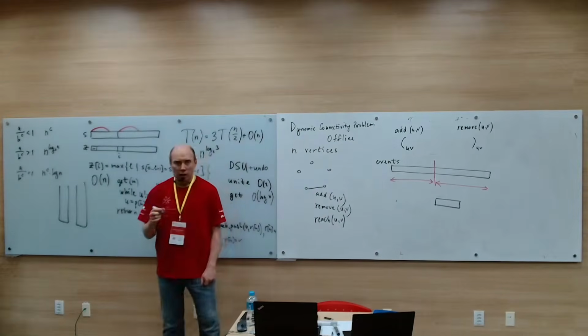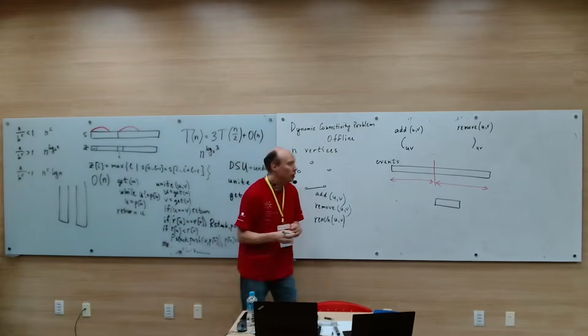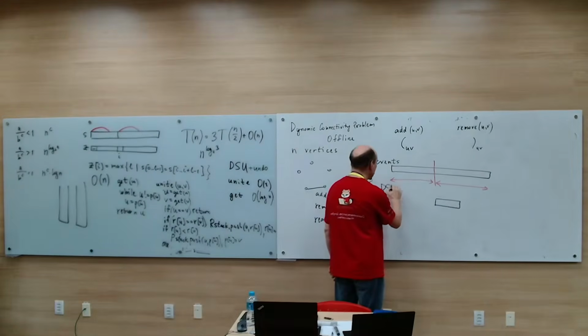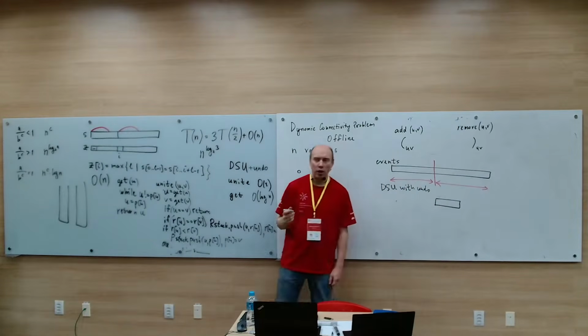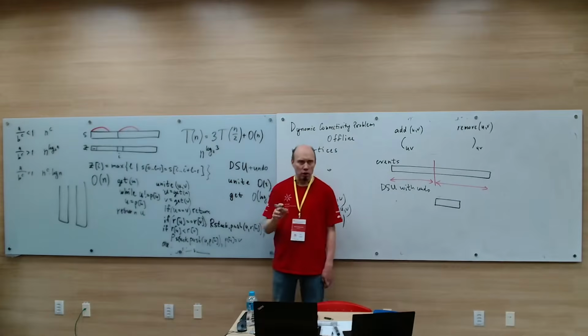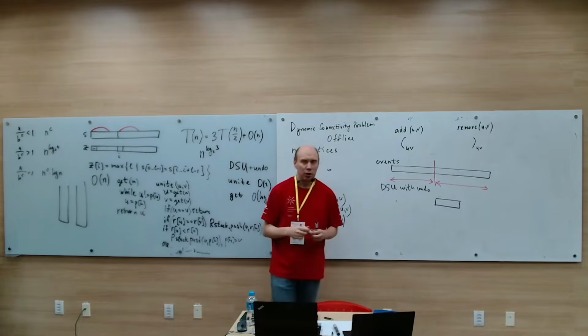First of all, we will have the DSU with undo. That will help us to deal with that. Our invariant will be the following.